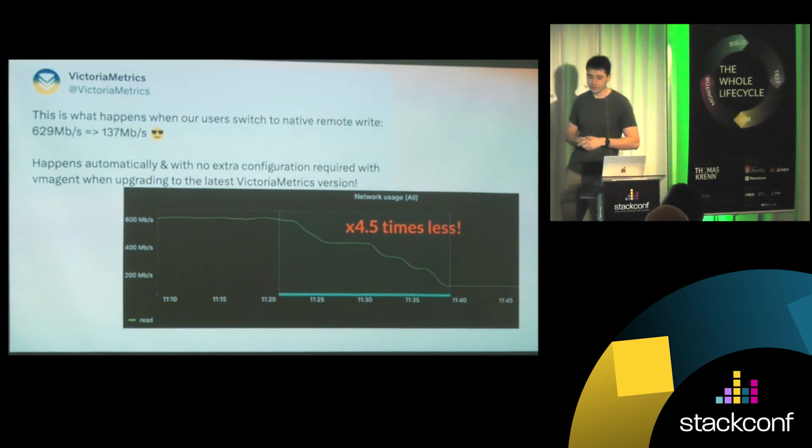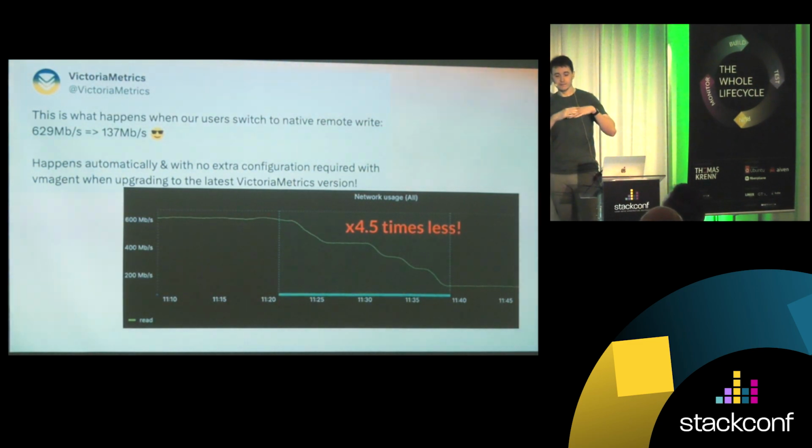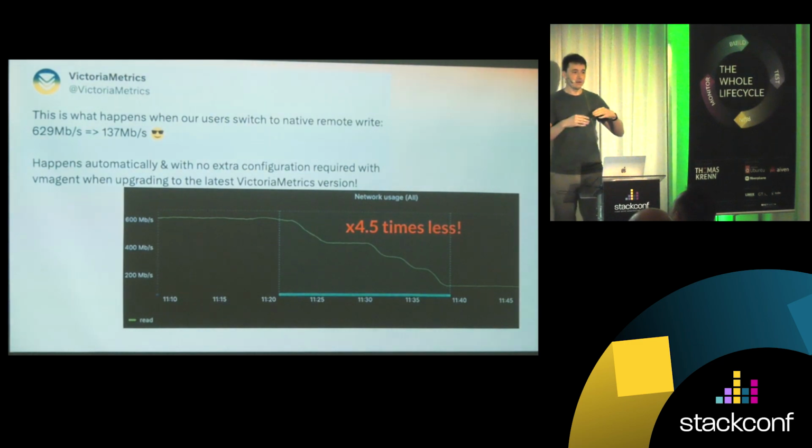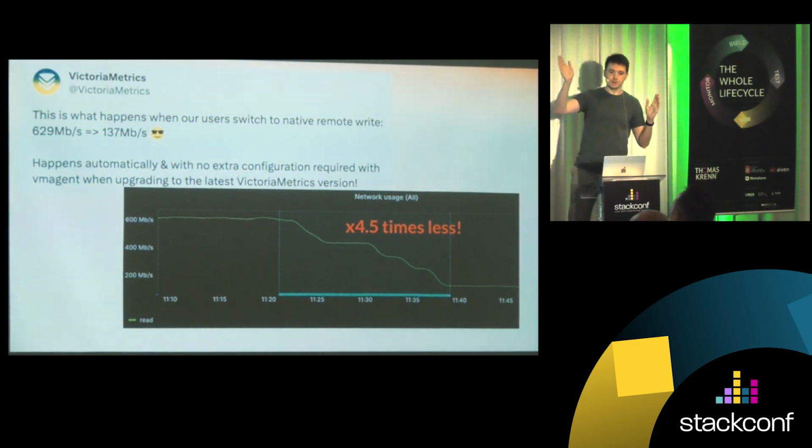And if you use VictoriaMetrics for delivering metrics across the zone, you can get like a 4 times benefit in the compression of the traffic over the network, because VictoriaMetrics uses an enhanced RemoteWrite protocol. And if you take vmagent, which will write into Prometheus and into VictoriaMetrics, vmagent will understand that on the other side there is VictoriaMetrics, and it can turn on the enhanced Prometheus protocol, and it will compress data by 4 times, and VictoriaMetrics will be fine with that.